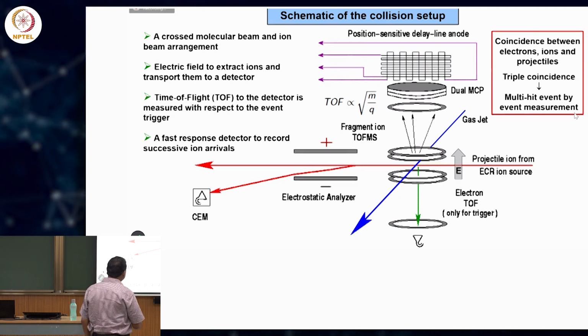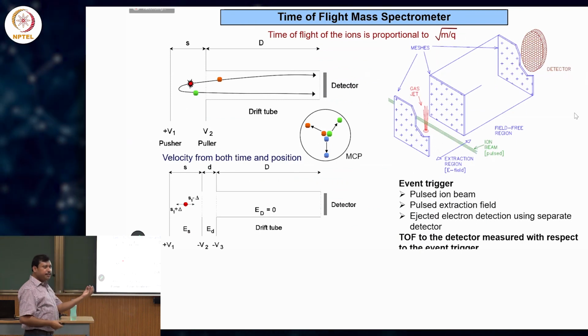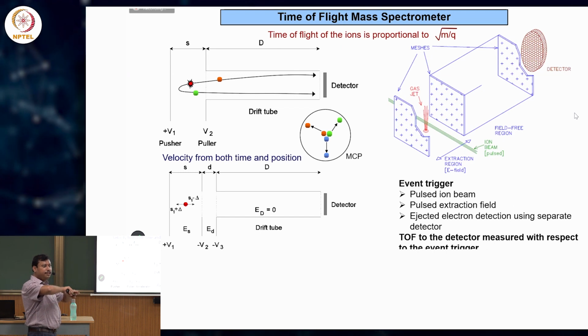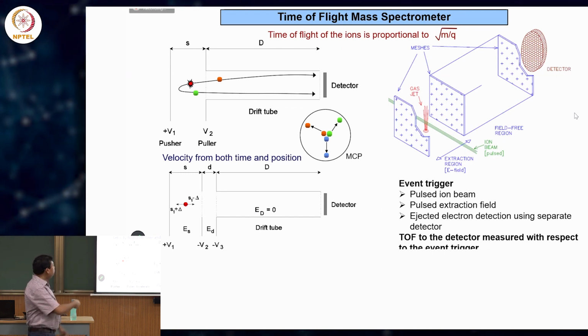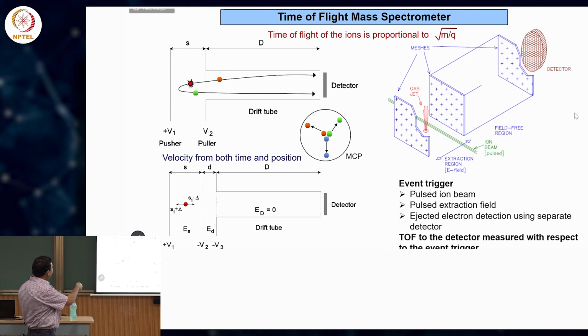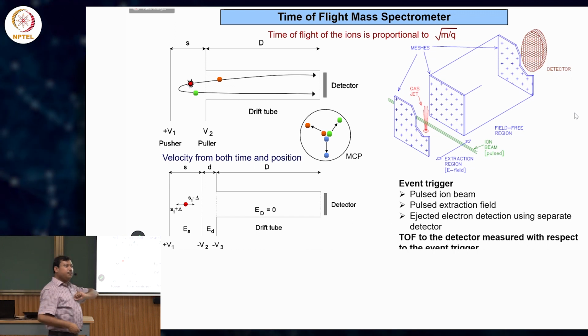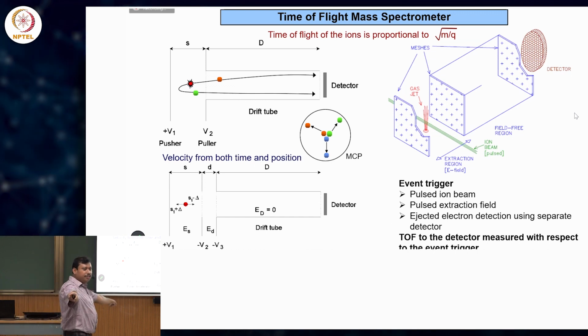Remember this picture, when the molecule dissociates, the molecule is dissociating because it has an internal energy, right? The molecule is dissociating and the fragments will go in all three directions. So once you can detect all three, the time of flight will give you only one momentum axis, not the other two.